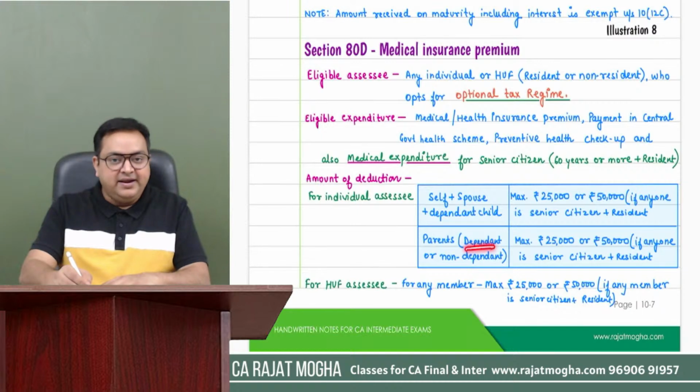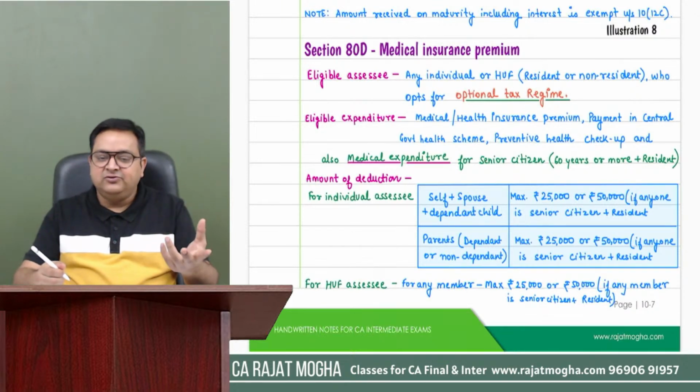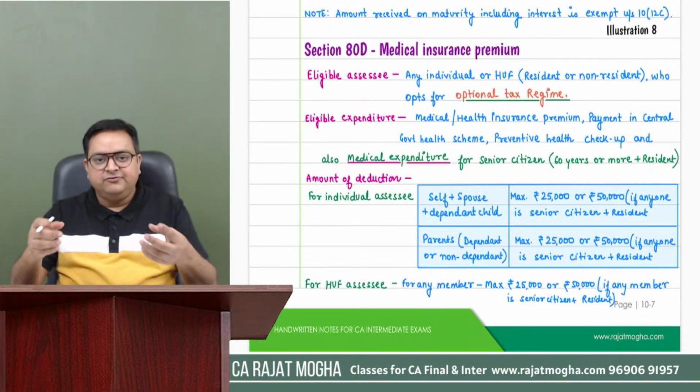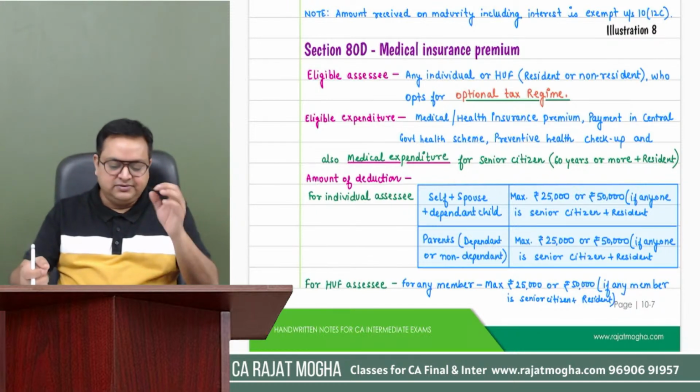Whether that parent is dependent or non-dependent, there is no problem. They can get a deduction of 25,000. And if they are senior citizen plus resident, 50,000, right? For an HUF assessee, they can make a payment for any member of the HUF. The maximum limit is 25,000. And if the person for whom they are making this payment is a senior citizen plus resident, then 50,000. Got it? Simple.